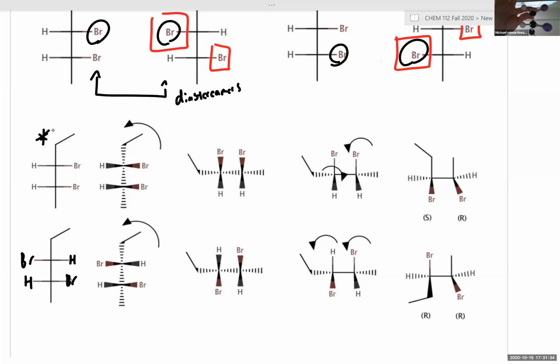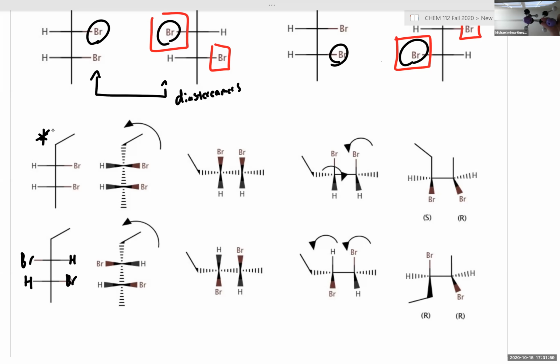Now that we have this structure, what we're going to do is rotate this molecule so the hydrogens are in the back. The easiest way to go about doing that, quite simply, is just to rotate our molecule 90 degrees. Now, all we have to do is draw what we see.